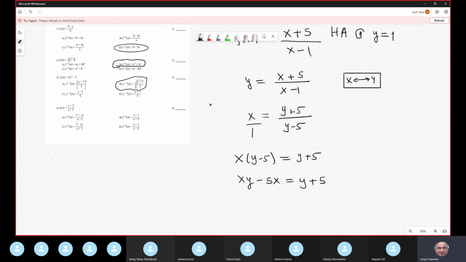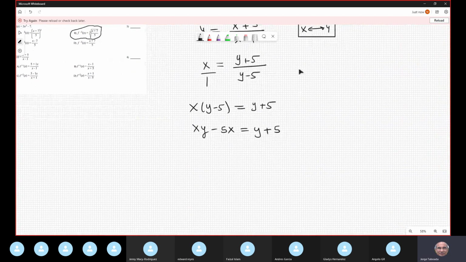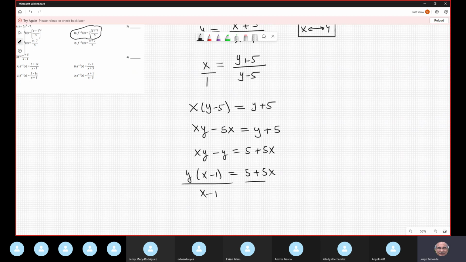If you want to solve for y, you put the y terms on the same side, maybe on the left: xy minus y is equal to 5 plus x. You factor out y, and finally divide by x minus 1 on both sides. The answer then is y equals 5 plus x divided by x minus 1.